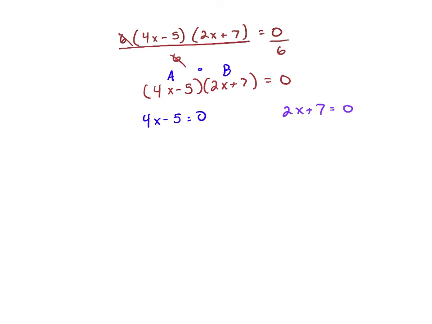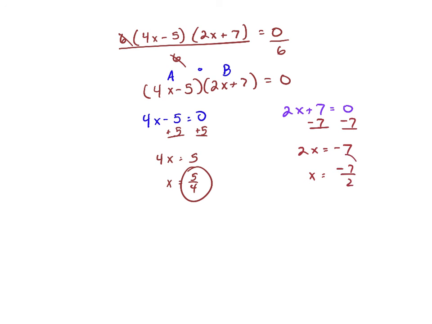We'll just do a little math here, solving these nice little small linear equations. Divide by 4, that's one answer. 5/4. Subtract 7. And divide by 2. -7/2. That's our other answer.